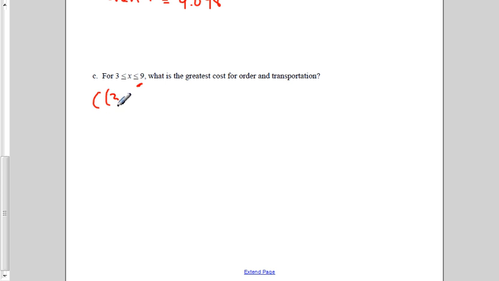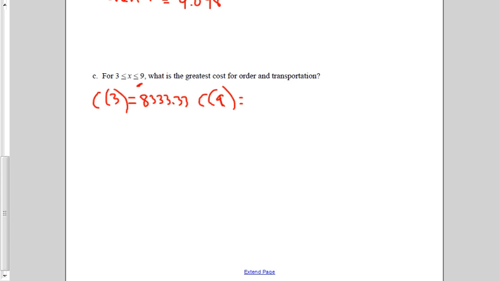So I'm going to quickly go back and look at my graph. I know my endpoints, and I can find the value of the function when x is 3. Actually, I know that, we already did that one: 8,333.33. I can go back and find the value of the function at 9 because I still have that function.